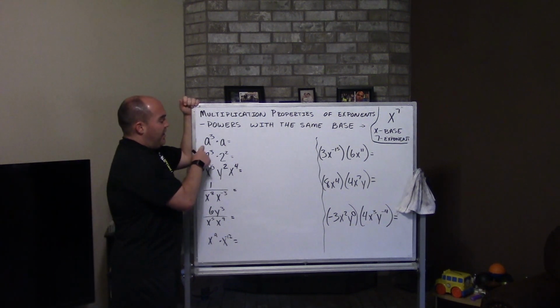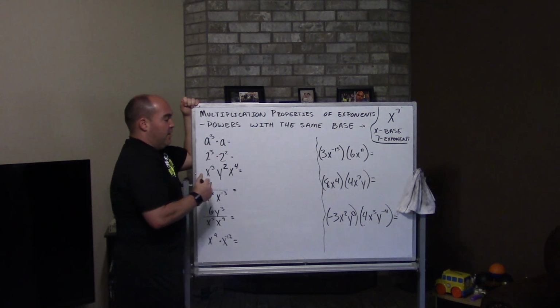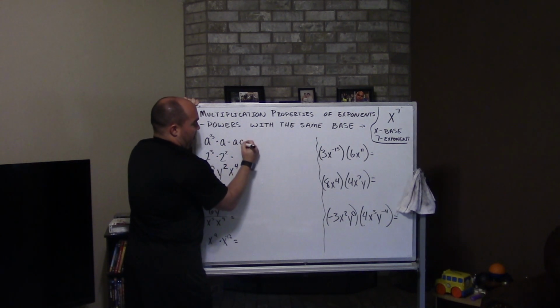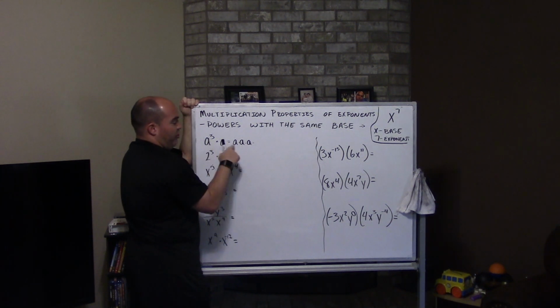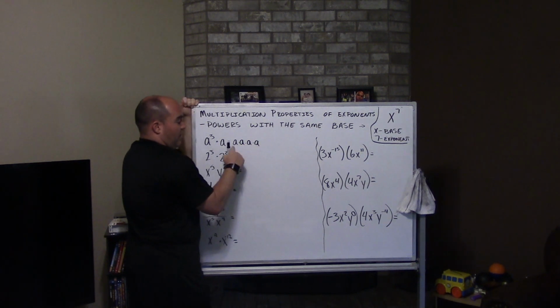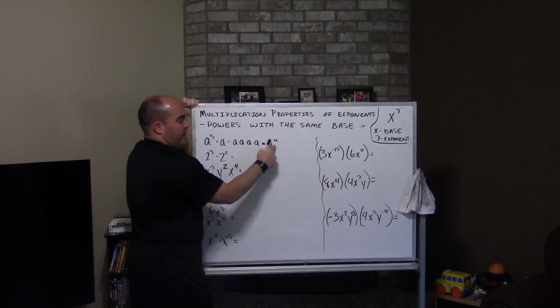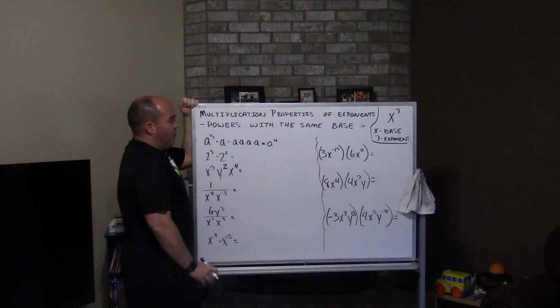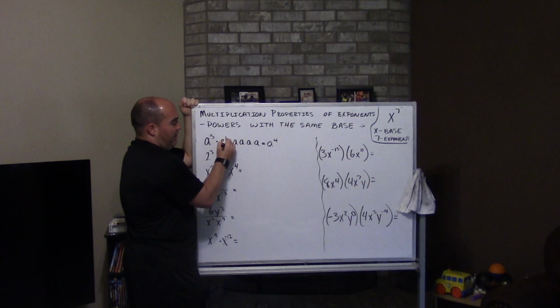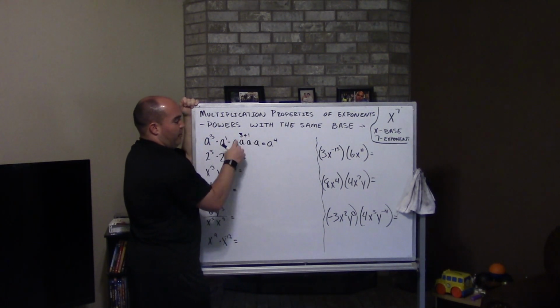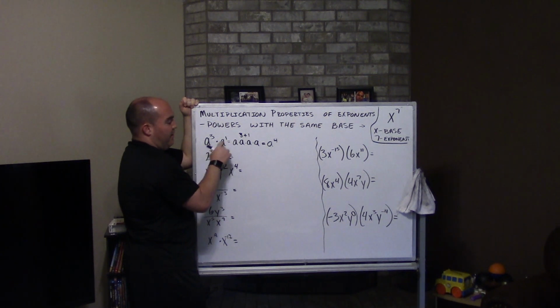If I have a cubed times a, if we were to write this out long ways, that would be a times a times a, and then we have this other a. So how many a's am I multiplying together? 4. So a to the 4th. Now, the shortcut is to think about this as a to the 1st. So all you're really having to do is 3 plus 1. You're just adding the exponent.